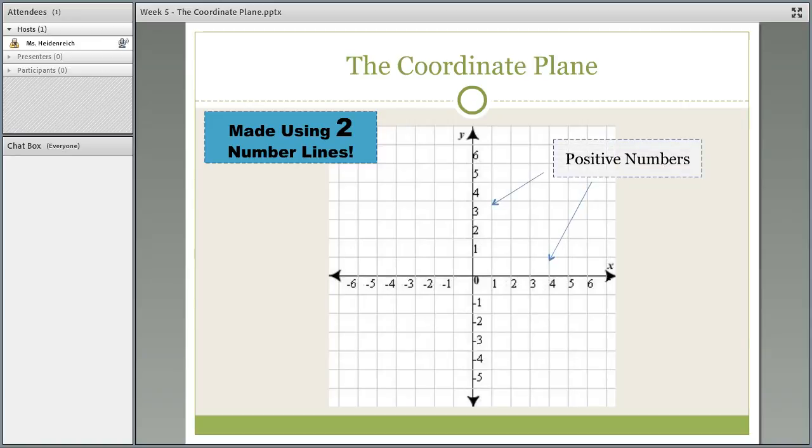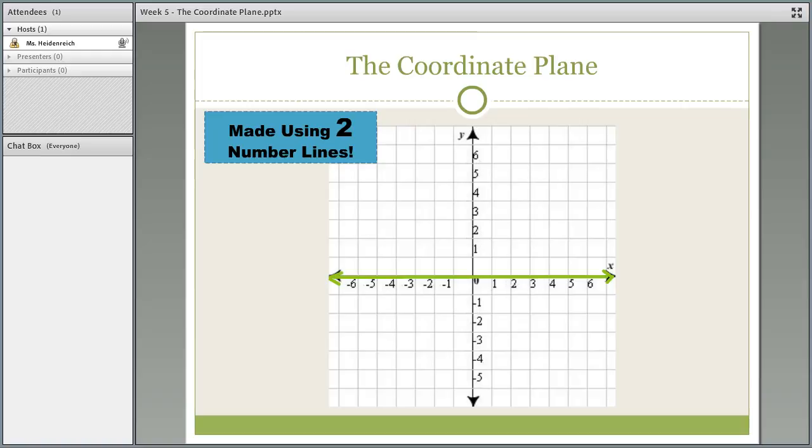So if you look at the x-axis, or this line that has the x on it, this is a number line. It has 0 in the middle, and then it has positive numbers going off to the right and negative numbers going off to the left.